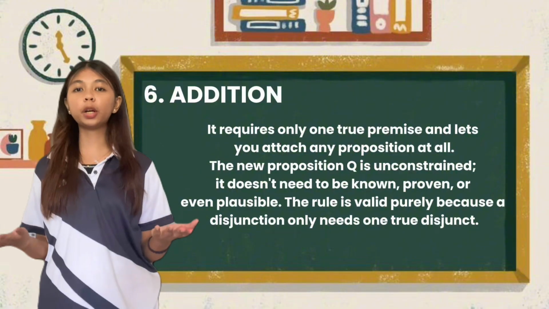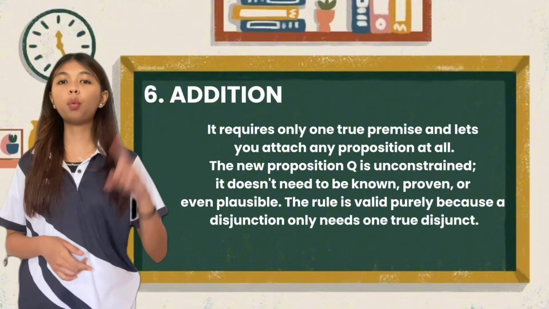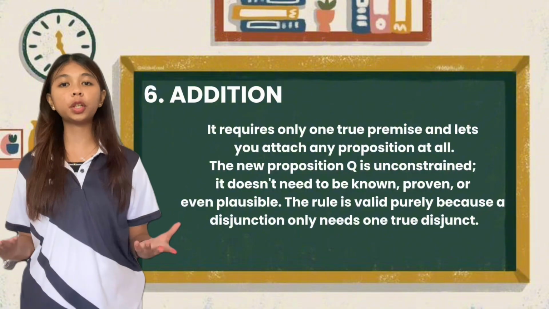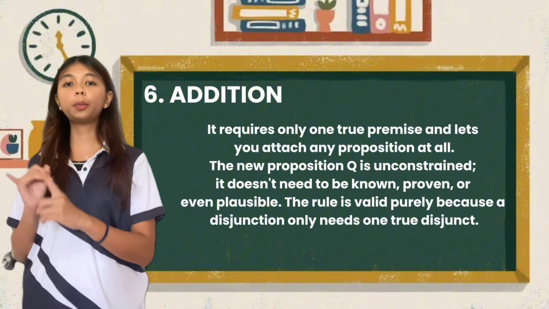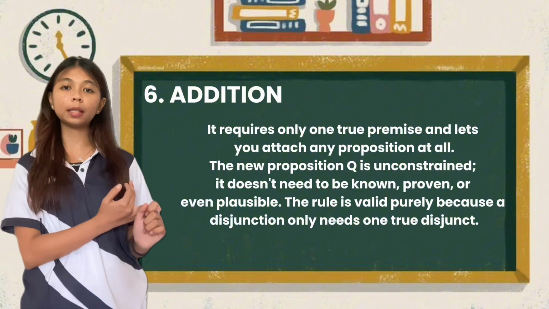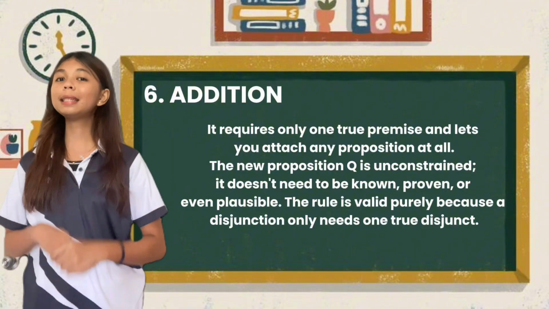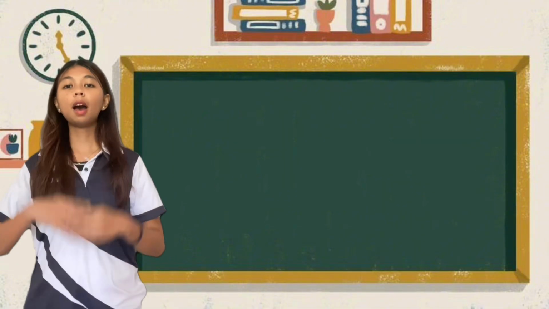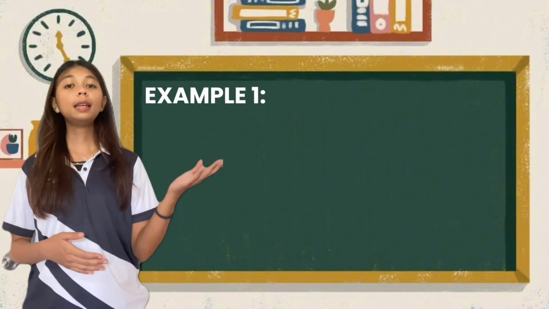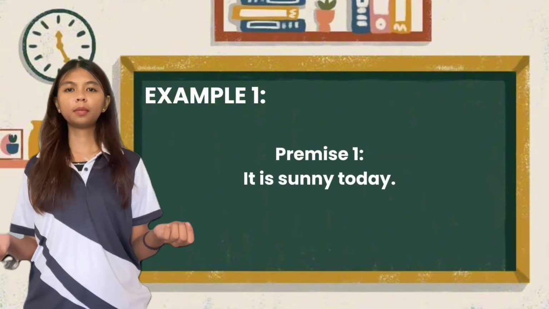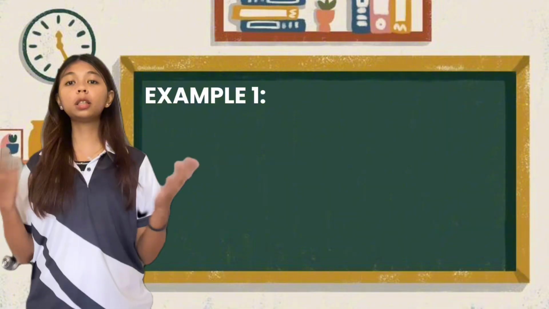The pattern here will be, we will have one premise, P, and the conclusion is the disjunction of P, our premise, and another proposition, Q. So let's have an example. Our premise is, it is sunny today. So what will be our conclusion?